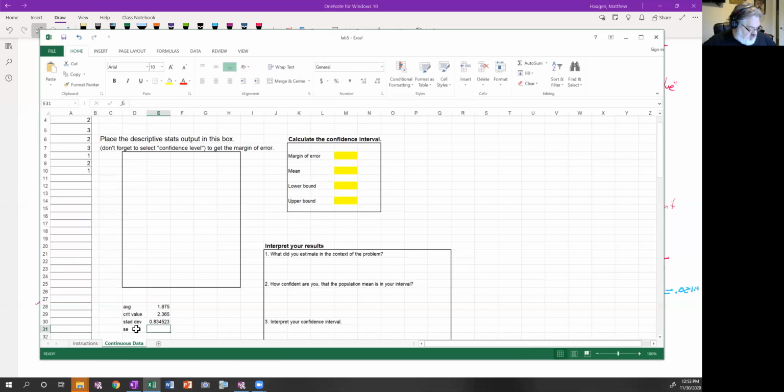Standard error is equal to the standard deviation divided by the square root of the sample size. You could use count to find the sample size, but I'm just going to put in 8. And square root means raised to the 1/2 power, or you could use the square root tool. It all depends on what tools you want to use. Fair?